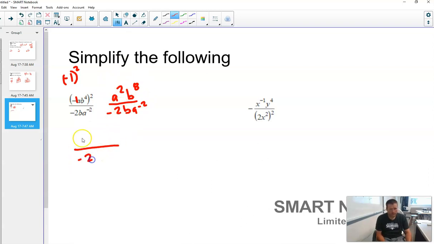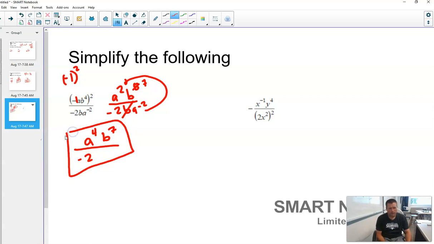So this -2 stays because there's just a 1 up here. If I look at my a's, this negative exponent has to kick up here, and it combines now with this. So this will be a to the 4th because I add with my product rule. And then I have my b's. I have 8 and 1. That one's gone, and one of those is gone, which means now there's 7 here, so that'll be b to the 7th. Bada bing, bada boom.